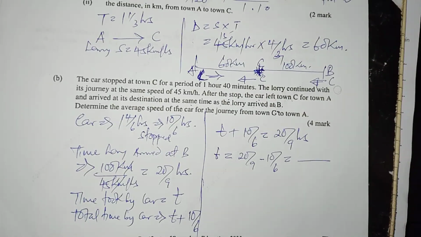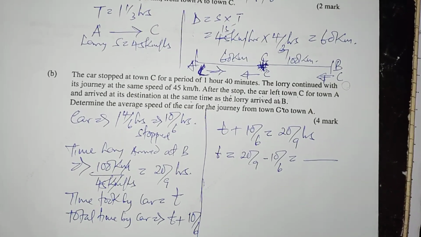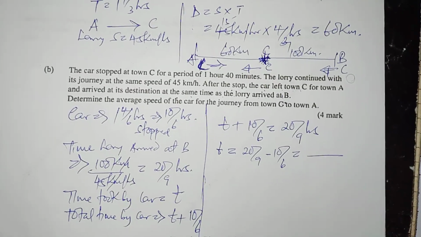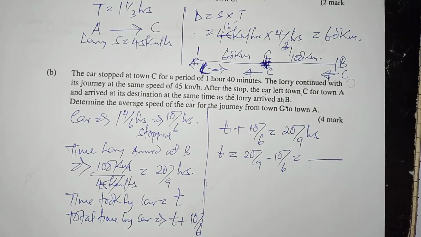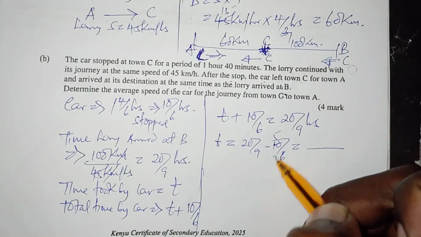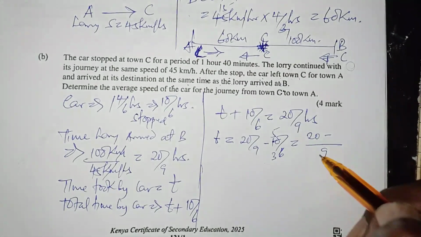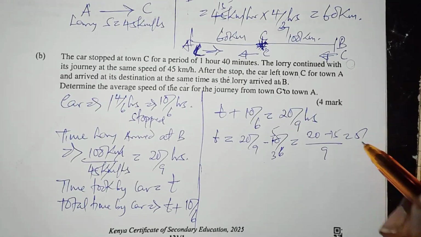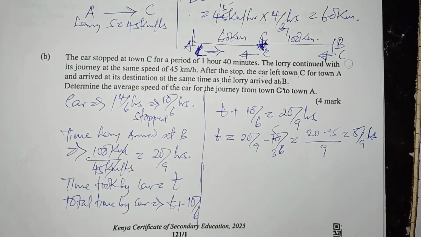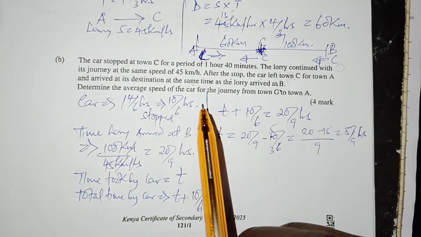This one simplifies to, let me find the LCM. 10/6 is the same as 5/3, so this is 9. 20 minus this will be 3, 15, 5/9 hours. So it means the car took 5/9 hours to arrive at town A.